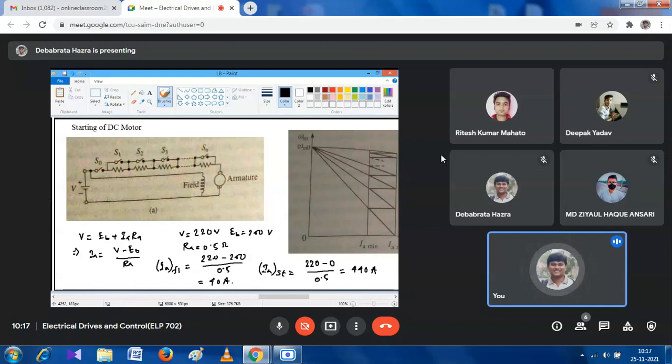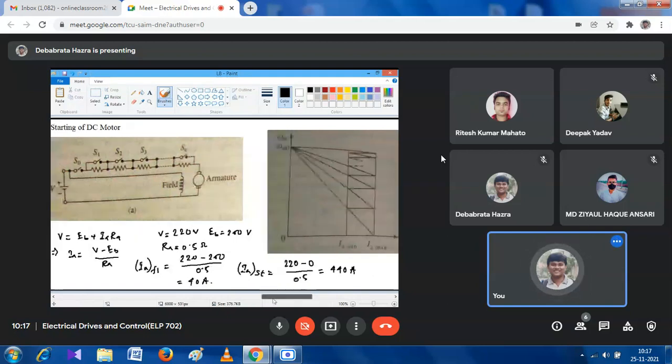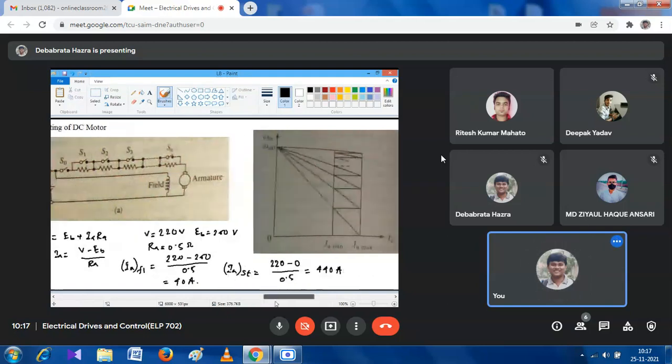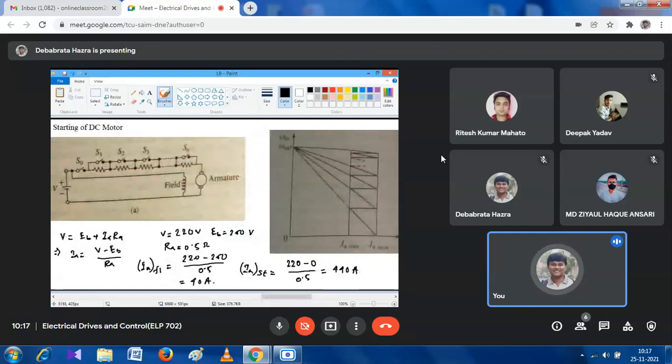So at the time of starting, after closing the S0, we can see that a high current will flow at the time of starting.